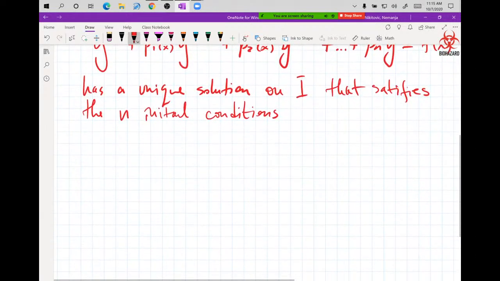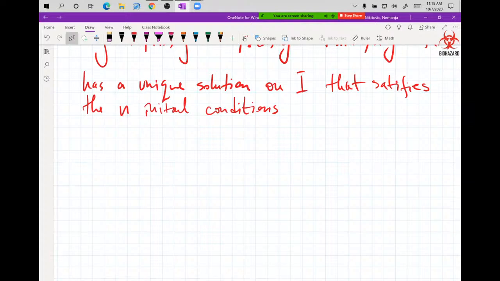The number of initial conditions has to be the same as the order of the equation. We have seen that we had one initial condition in order 1, two initial conditions last class because it was second order. Now for the nth order you have to have n conditions.